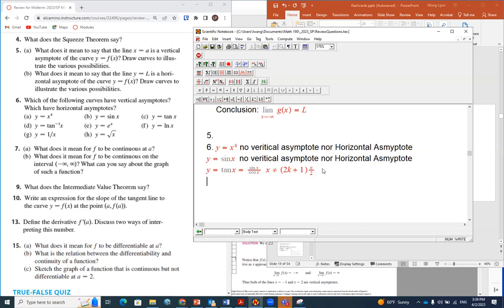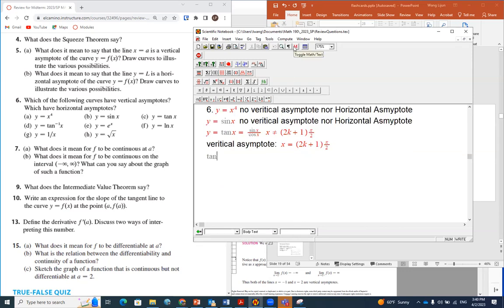Okay, guess what? The vertical asymptotes for tangent, where we have plenty, we have infinite. The vertical asymptotes for tangent would be x equals any odd number multiples of pi over 2. As you can see in the picture, the tangent curve, you should be very familiar with that curve.